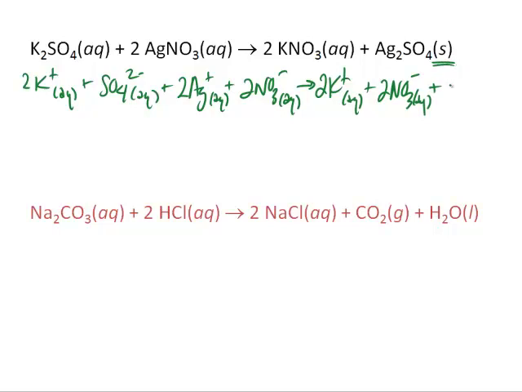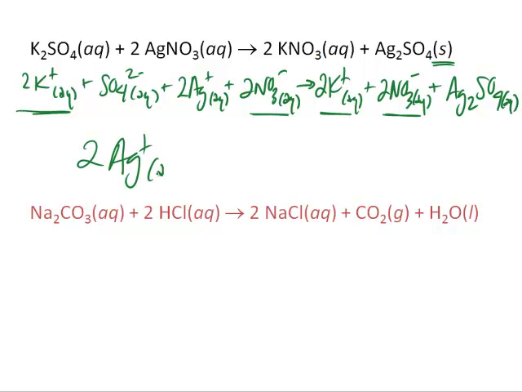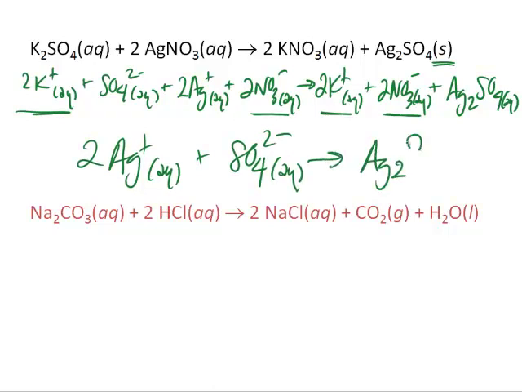That's a solid compound, so it does not dissociate, and we just keep that the same. So this is our complete ionic equation. If we look through and find our spectator ions, potassium didn't do anything, and nitrate again didn't do anything, we can distill this down into our net ionic equation. 2 moles of silver aqueous plus 1 mole of sulfate aqueous produced our silver sulfate solid compound.